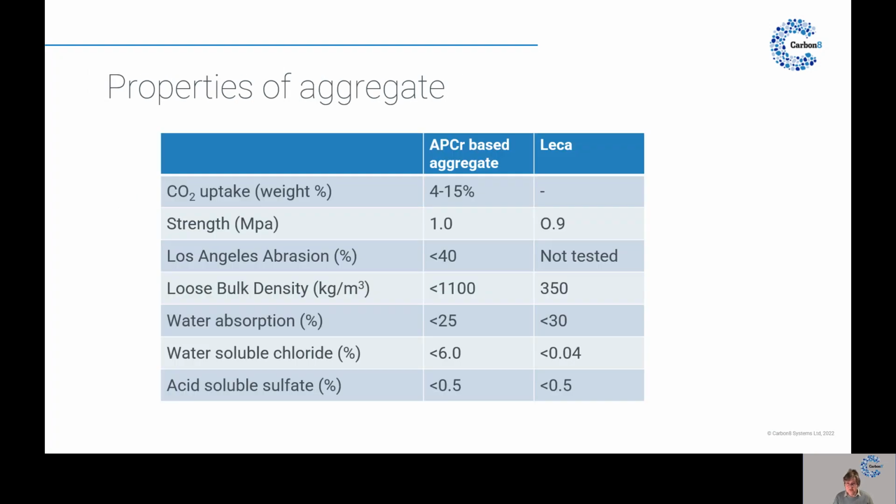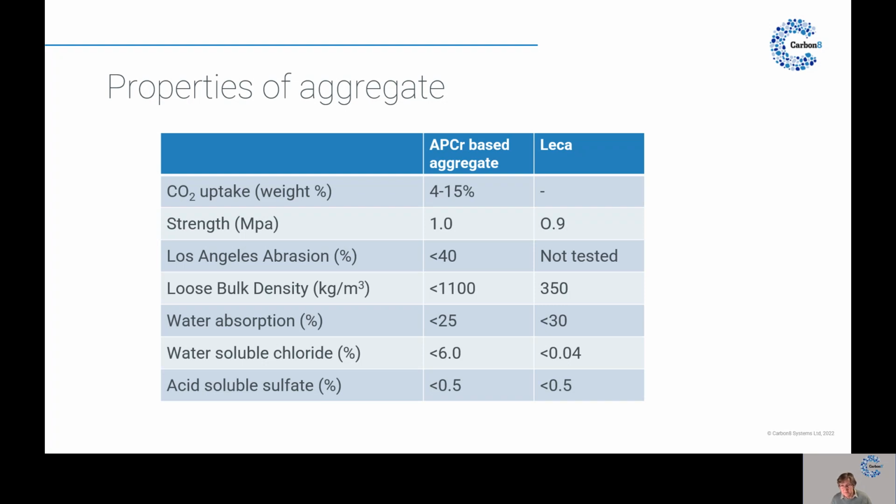So the properties of the aggregate are similar to those of an expanded clay aggregate, with the important distinction that it has captured CO2 up to 15% by weight of CO2 in the makeup of the aggregate. They have comparable strengths, or the strength of the APCR-based aggregate is stronger than that of expanded clay.